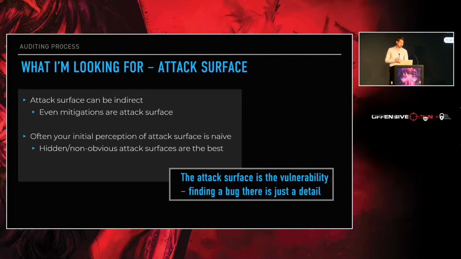Your initial perception of the attack surface can sometimes be naive before you start looking at a piece of software. The best thing that I like is when you find a hidden or non-obvious attack surface. Usually this is in the form of a vendor value-added feature that they've added for themselves to make their devices interact nicer or something like that.